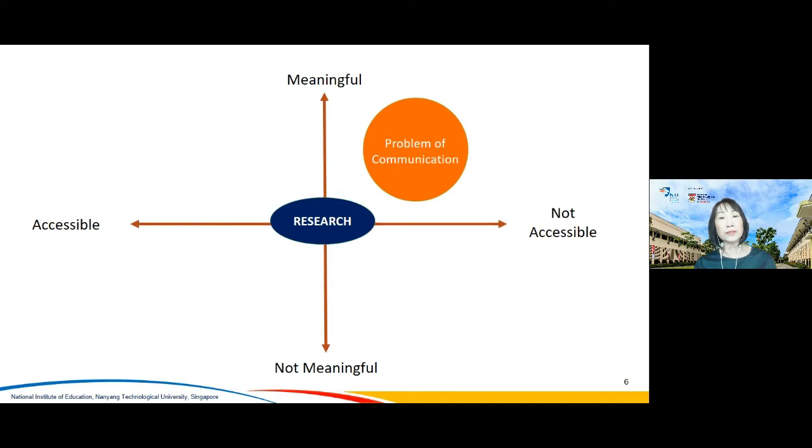So even though something may be relevant and meaningful, if it's not accessible, it is not going to have the effect that we want as researchers. Then we also have, of course, the problem of relevance. We have lots of good research out there. Not everybody is interested in every piece of research.